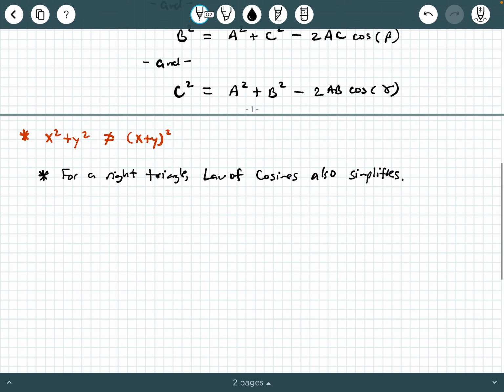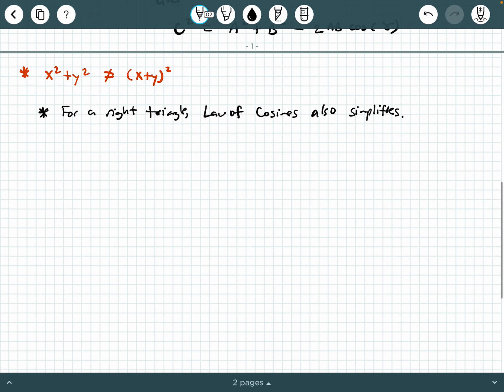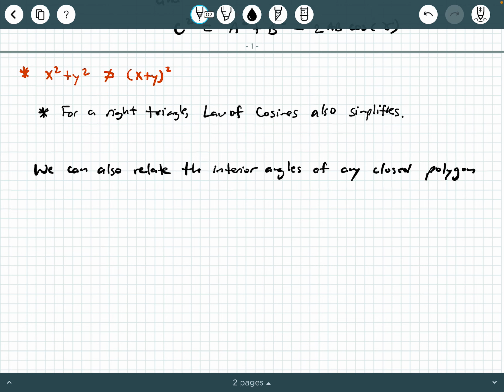Now, another note I want to make, really for polygons in general, because this could be relevant in these kinds of problems, we can also relate the interior angles of any closed polygon by the following.